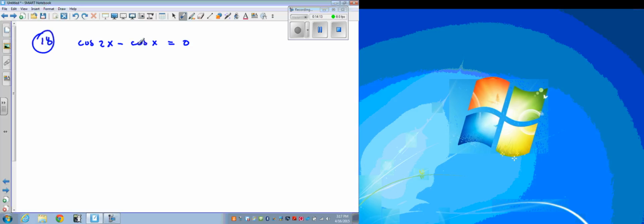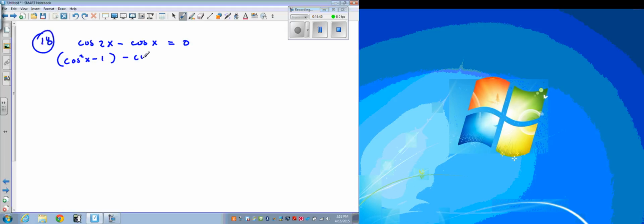Is that 2 cosine squared x minus 1? Yes. See, if I use the identity, that cosine 2x is that, right? That's one substitution I can make.